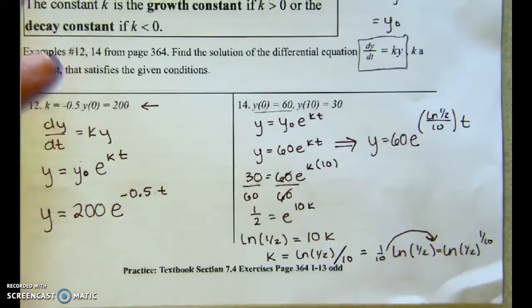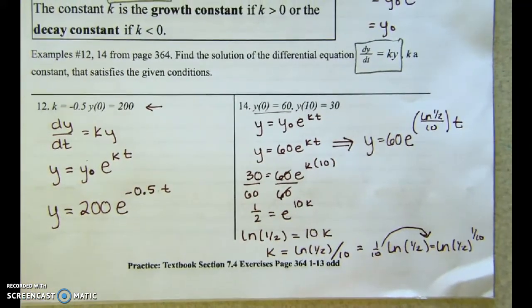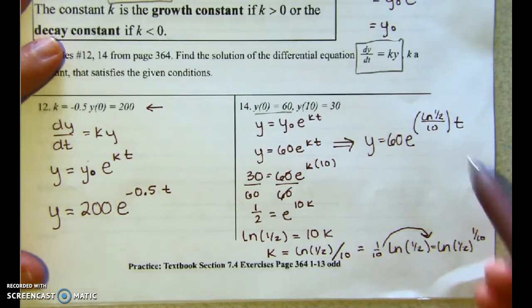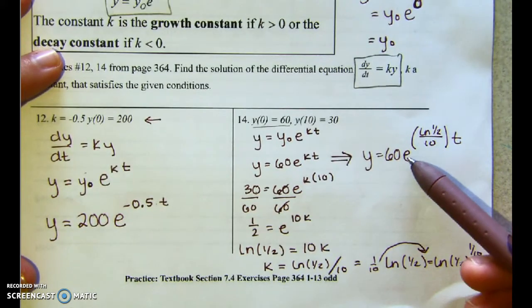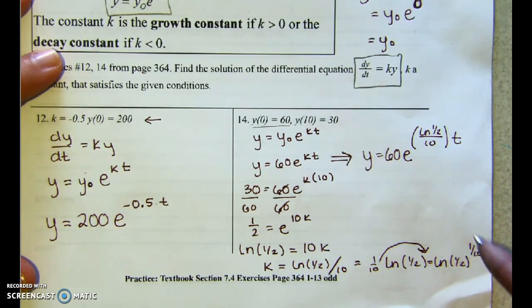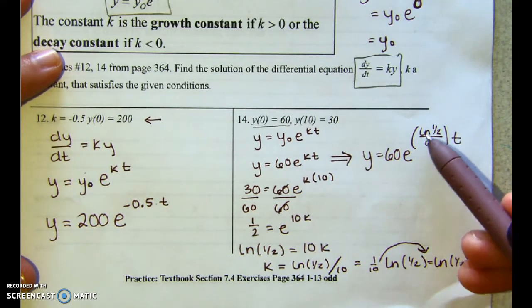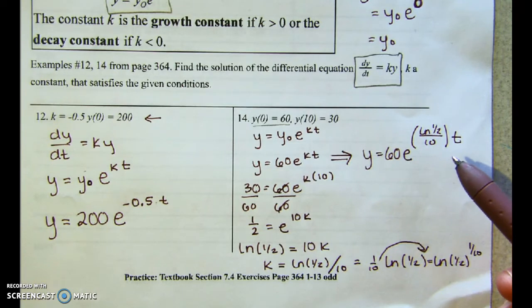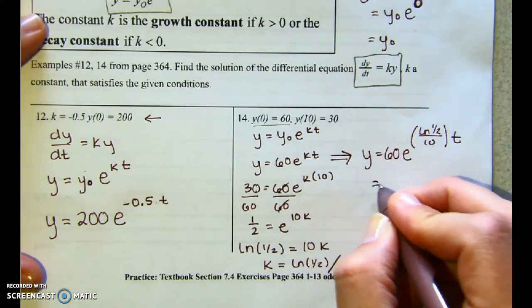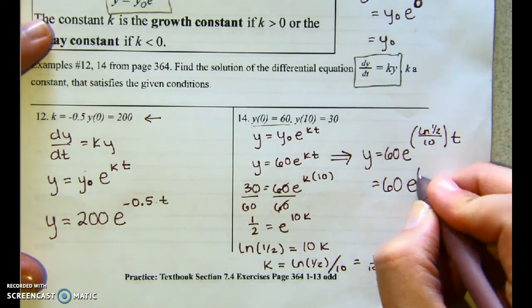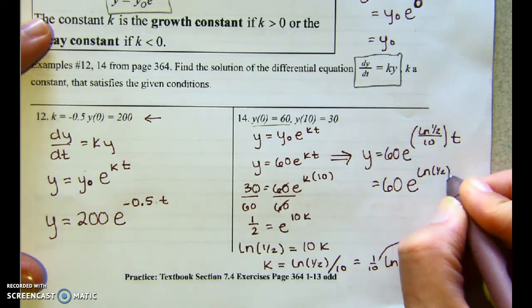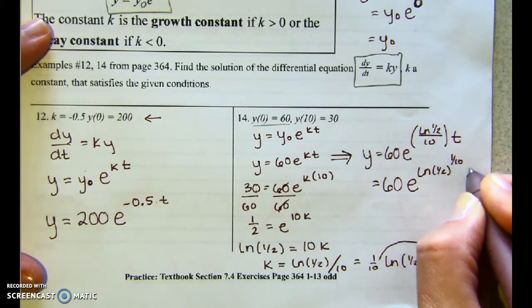I know that's a weird power, but that's okay. If we rewrote it like that here, then do you see the e would be touching the ln? So we moved the 10 up here. The e is touching the ln, which means we're going to have 60, ln of 1/2 to the 1/10, and then we have this t hanging out here.